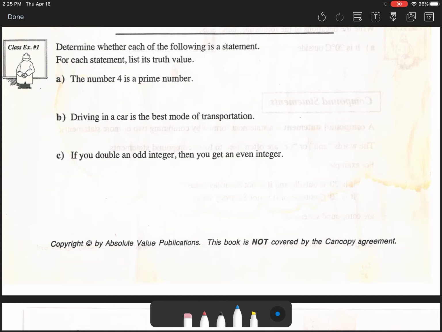Now, it says determine whether each of the following is a statement. For each statement, write its truth value. So the number 4 is a prime number. The first thing you want to make sure you understand is what a prime number is.